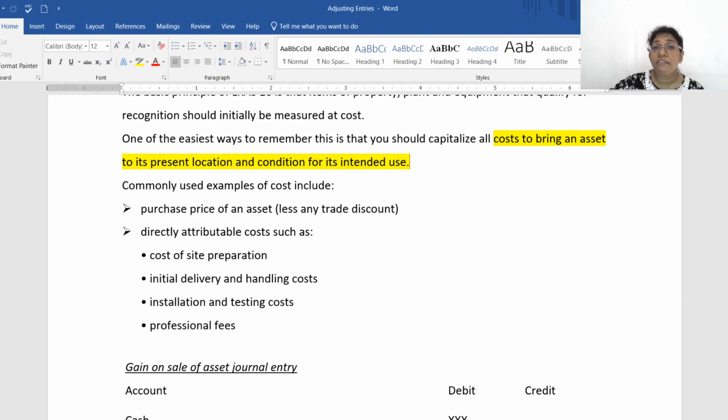So when you have land, you take the land price, then the legal fees to prepare the land and the legal agreements through the lawyers.